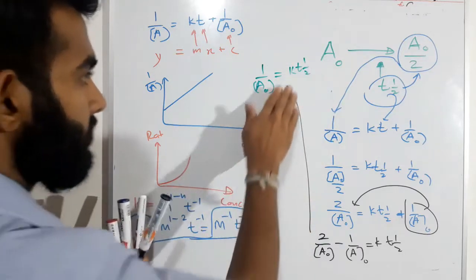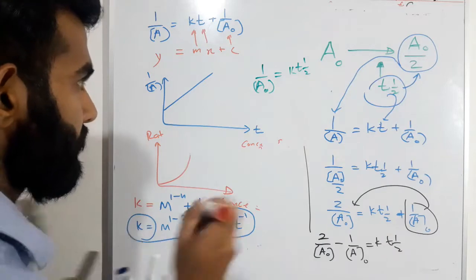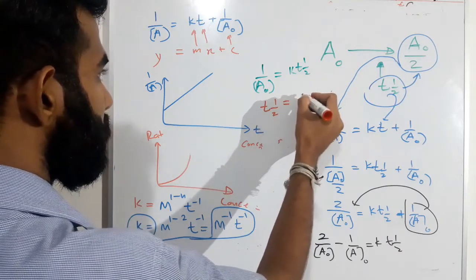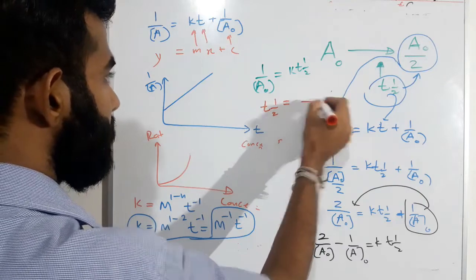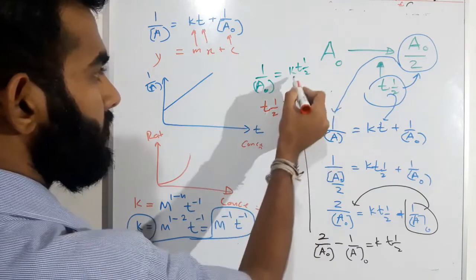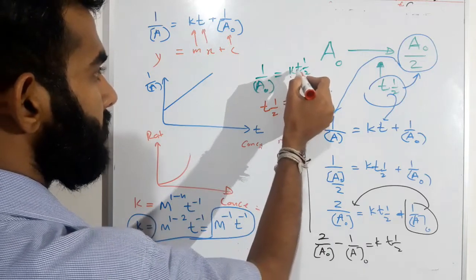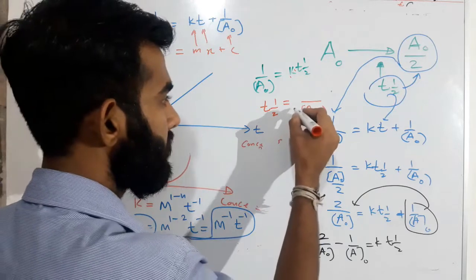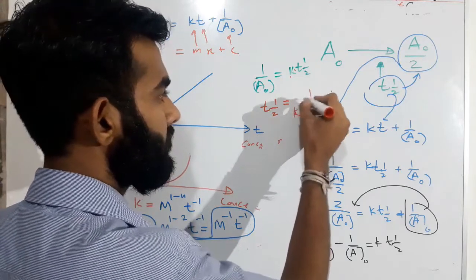The final answer will be t half is equal to 1 over k A naught. Here k is multiplied, so it goes to the denominator like this.